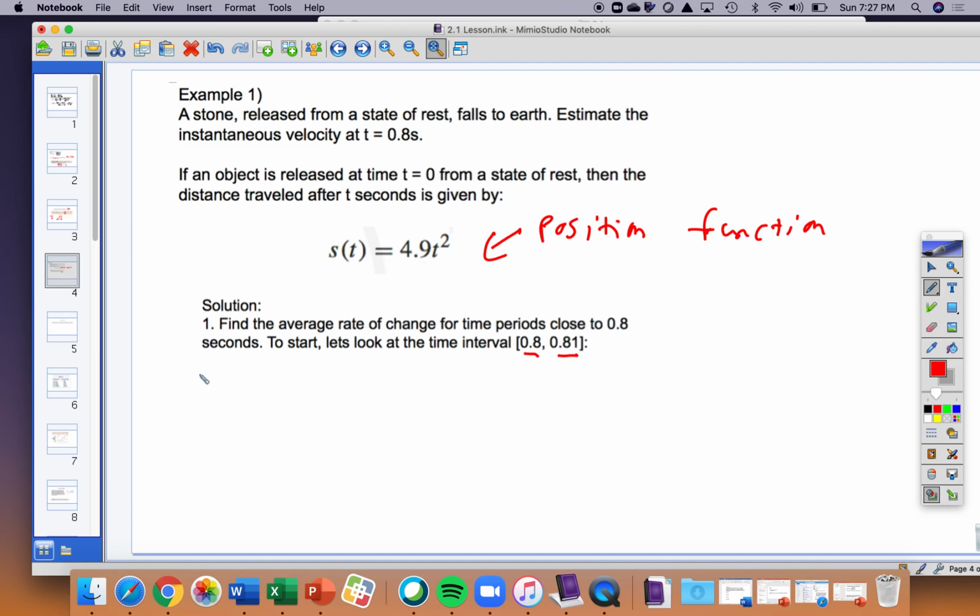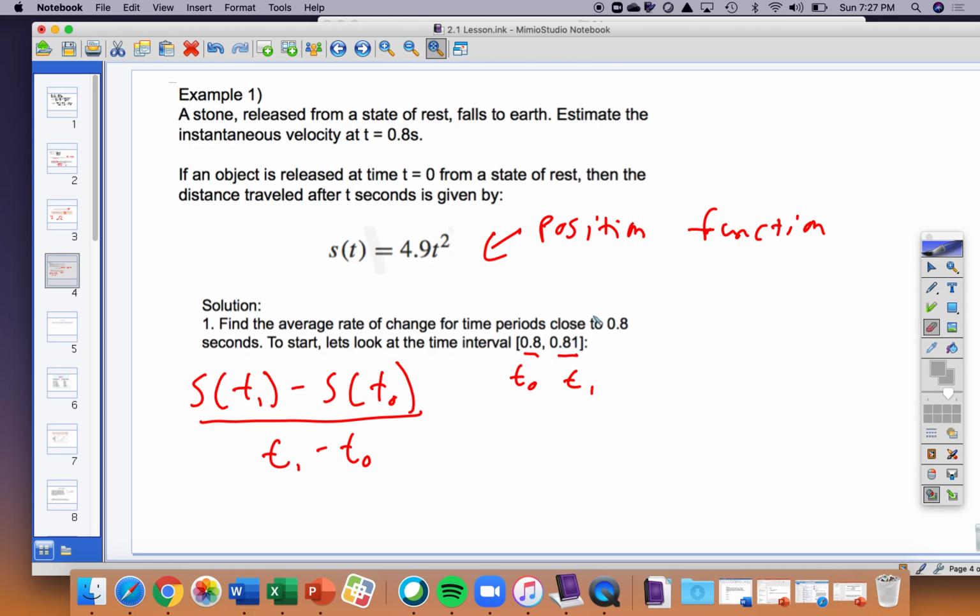So again, my average velocity is going to be s of t1 minus s of t0 over t1 minus t0. That was the formula that was given to us in the last slide. Now this right here is t0 and t1. So we're looking at the time interval of 0.8 seconds to 0.81 seconds, looking at the average velocity to try to estimate instantaneous velocity.